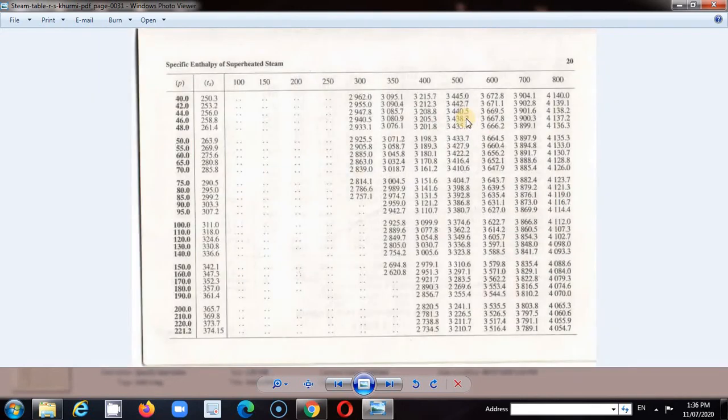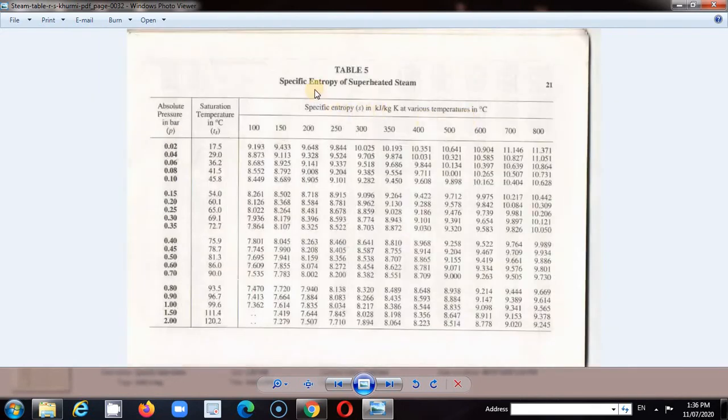So students, I will move further, and here is another table, the specific entropy of the superheated steam. Here we will get the idea about the value of the entropy. Directly we will get the value of S without any calculation of the specific enthalpy, the sensible entropy, or the latent entropy.